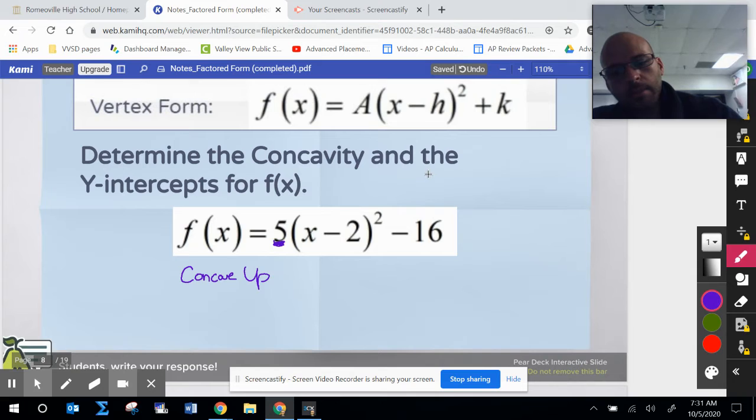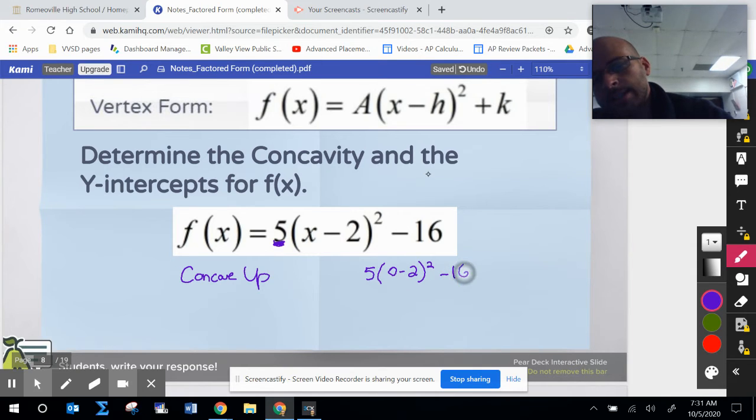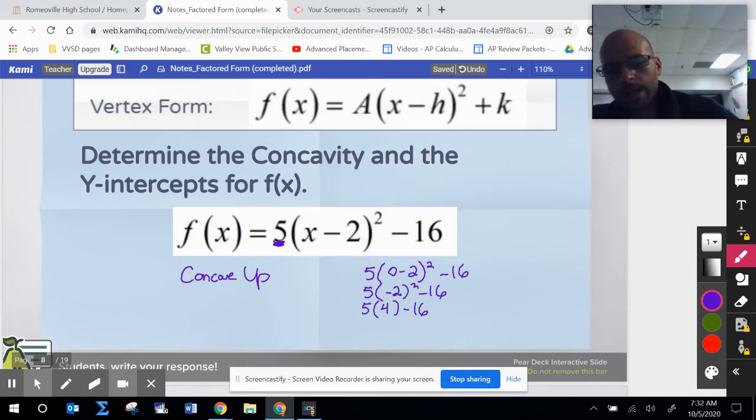And my y-intercept is going to be 5 times 0 minus 2 squared minus 16. 0 minus 2 is a negative 2 squared minus 16. Now I do my exponents. Negative 2 squared is 4 minus 16. 5 times 4 is 20 minus 16, and 20 minus 16 is 4. So my y-intercept is going to be at 0, 4.